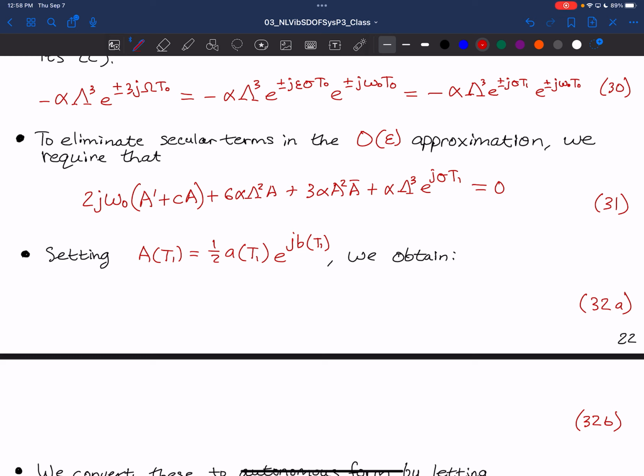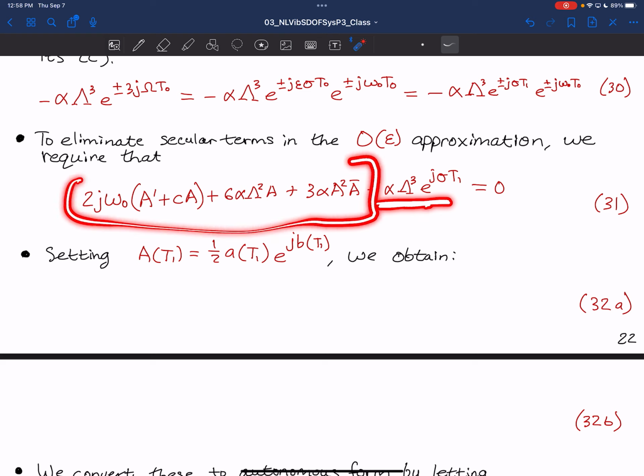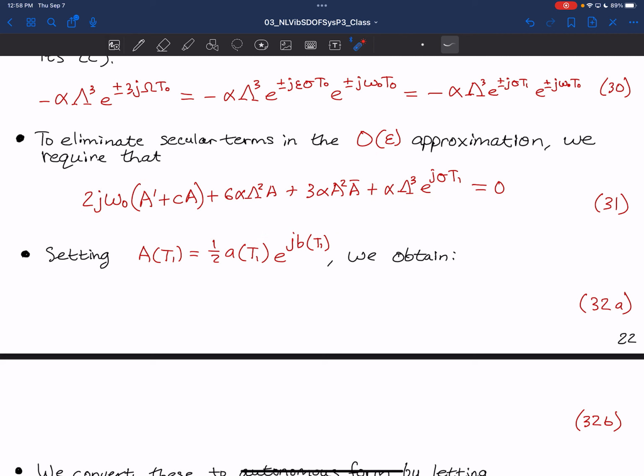And just in case you're wondering, the reason that this is a plus right here is that there was a minus sign in front of all of this stuff. So that minus sign was then absorbed.